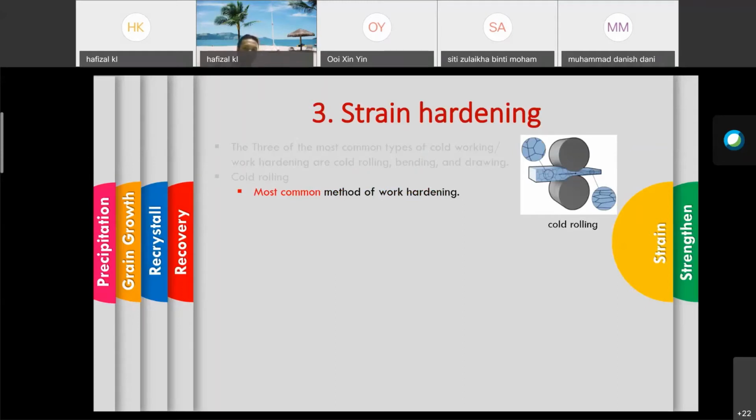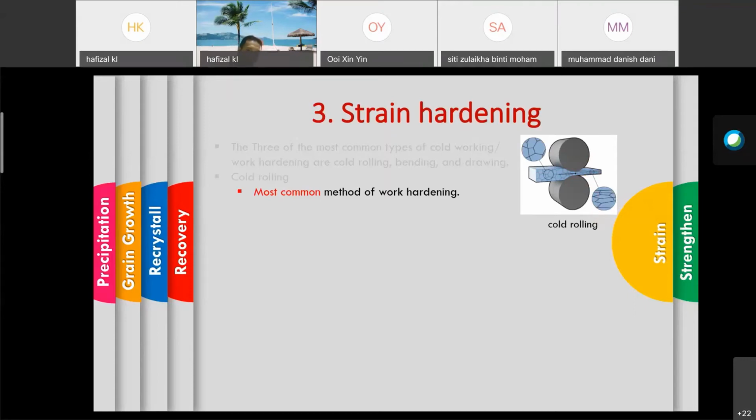We have the rollers, and we put the metal between the rollers and start the rolling process. The initial grain boundary is something like this, and after the rolling takes place, we can see a thinner metal sheet produced, and the final grain boundary will look something like this.